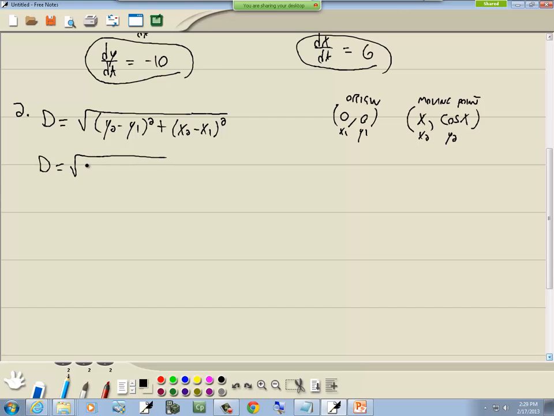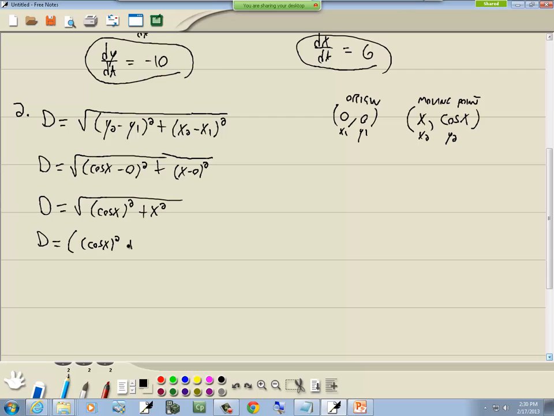So we'll have cosine x minus 0 squared plus x minus 0 squared, which gives us cosine x squared plus x squared, all of it to the 1/2 power.